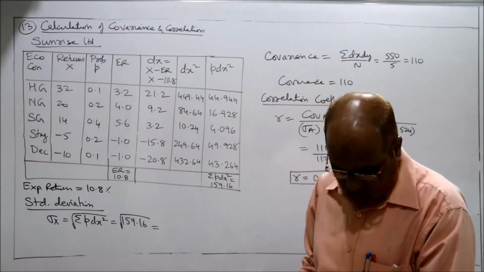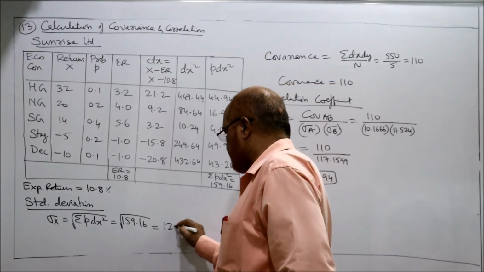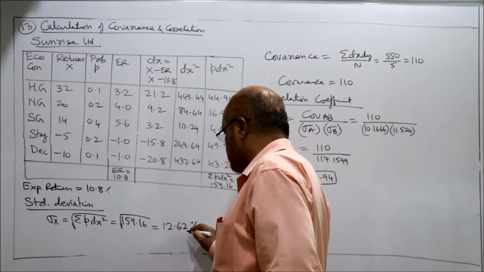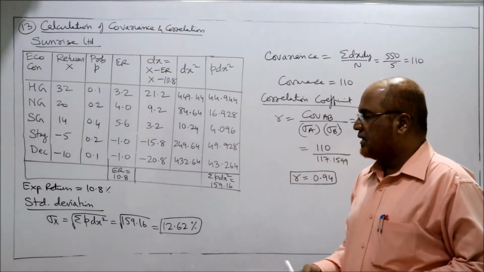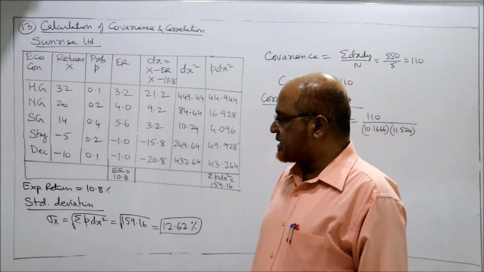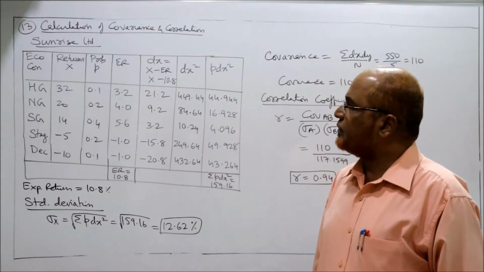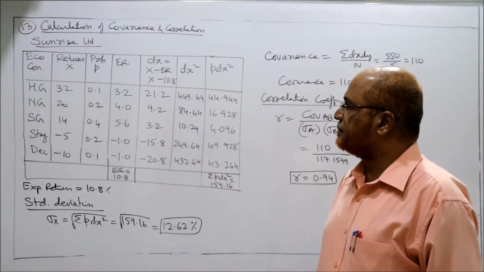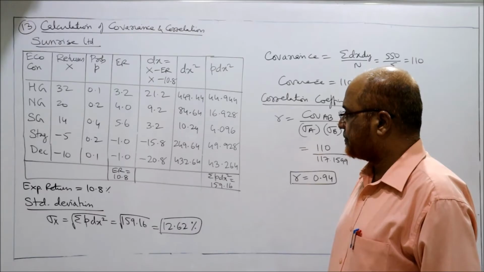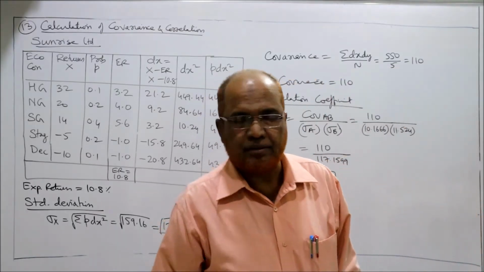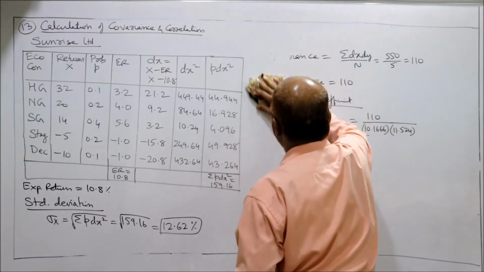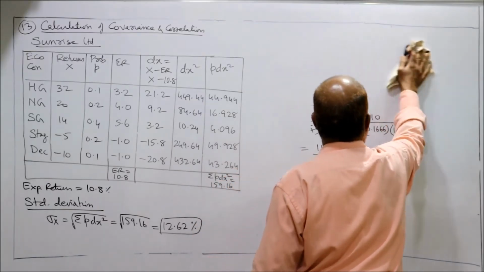So it will be 12.62. That's it. So we have completed the expected return and standard deviation of Sunrise Company. Now we have to make the calculation for Sunset Company.